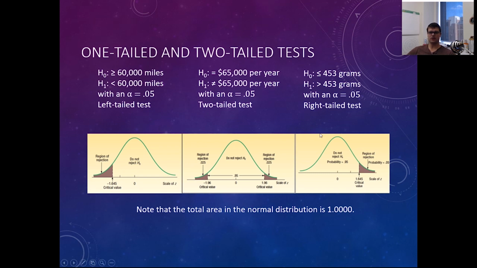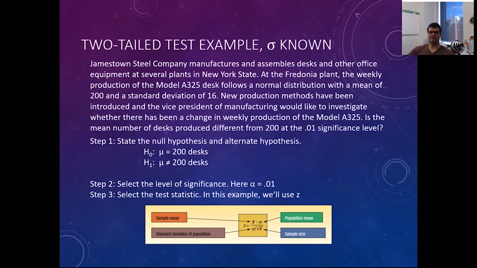We can tell right here 453 grams is where the mu is, and what we're testing, the alternative hypotheses, is that the new value is greater than 453 grams with a critical value of 1.645, which means that the probability of it being greater than 1.645 is 0.05 or 5%.